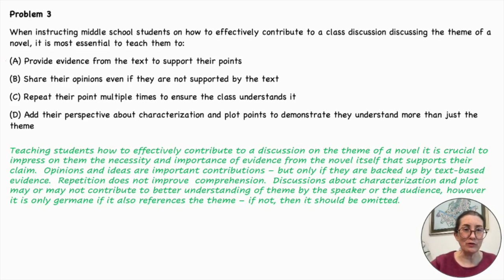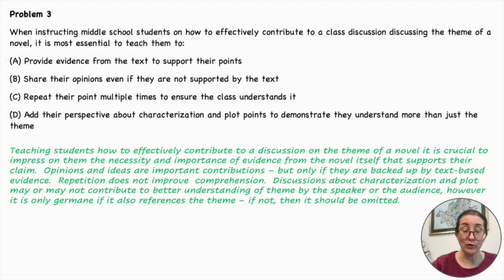Teaching students how to effectively contribute to a discussion on the theme of a novel, it is crucial to impress on them the necessity and importance of evidence from the novel itself that supports their claim. Opinions and ideas are important contributions, but only if they are backed up by text-based evidence.